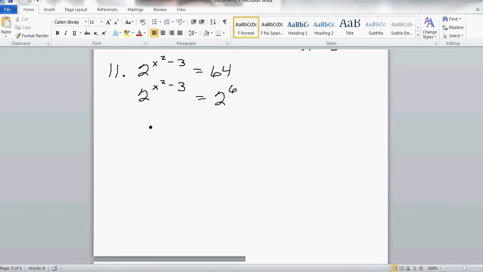Now that the bases are the same, that simply means x squared minus 3 has to equal 6. It doesn't take too long to add 3 to both sides. x squared equals 9, and so taking the square root of both sides, x would equal both positive or negative 3. We need to remember that when we take the square root of a number, we have to include both the positive and the negative.